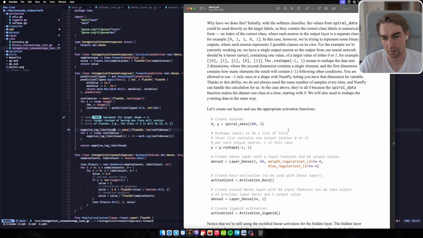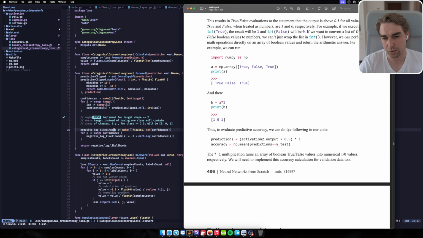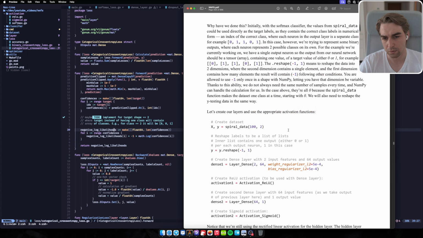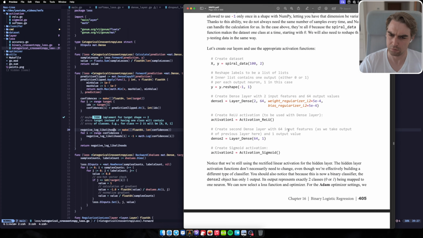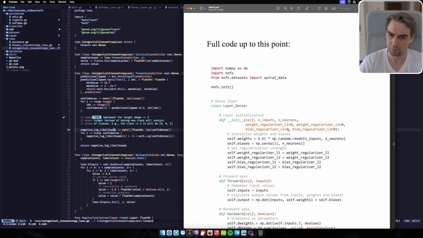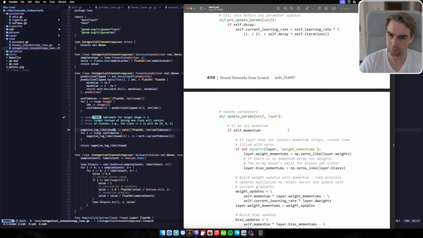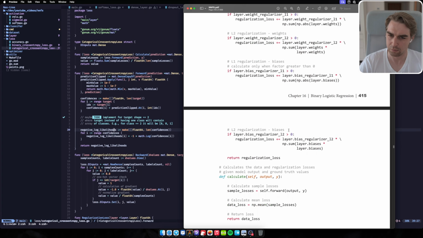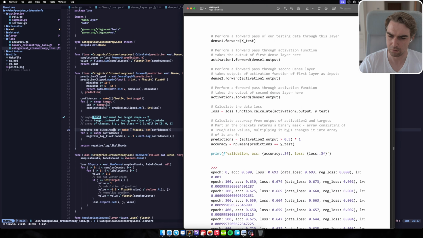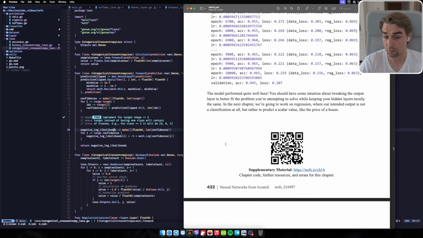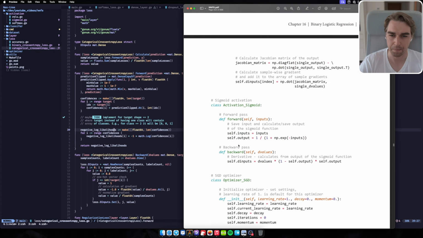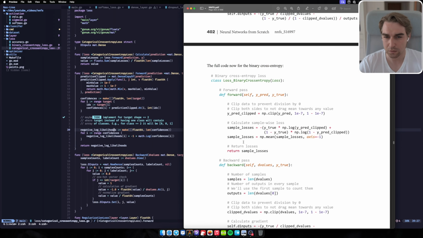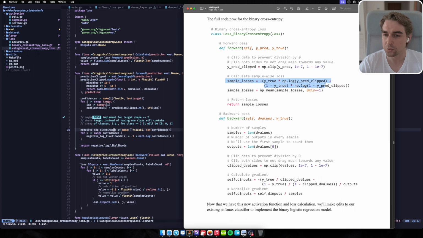Okay, probably I will check how it's used here. And that's it. Also calculate activation, the prediction. Okay, these parts are not clear to me. Maybe I will debug it.